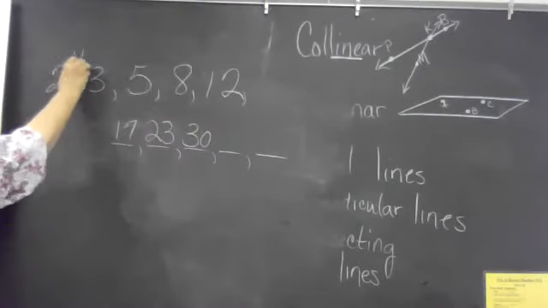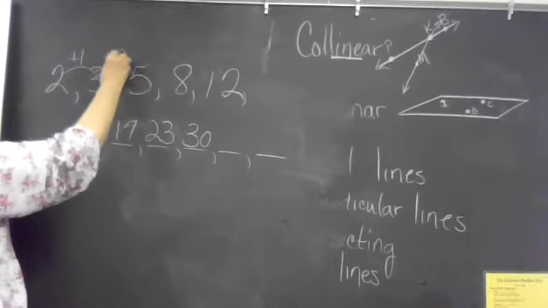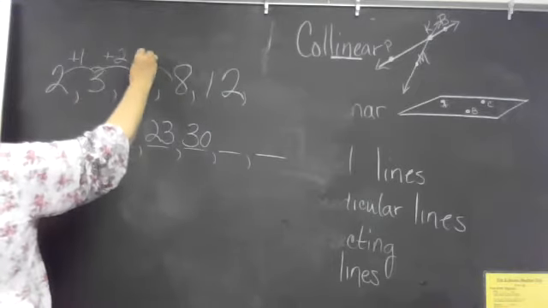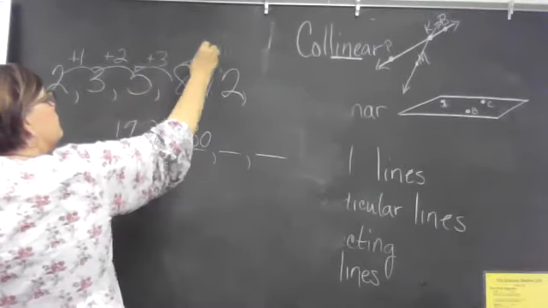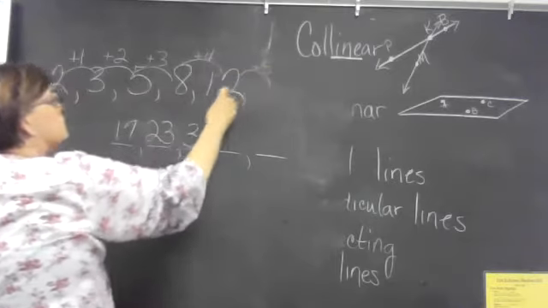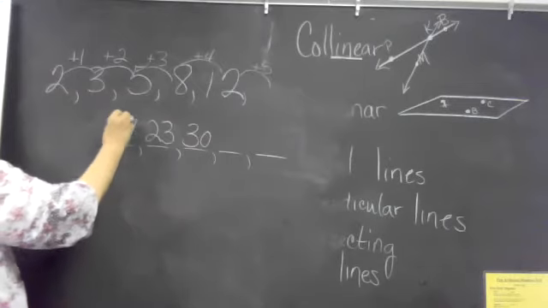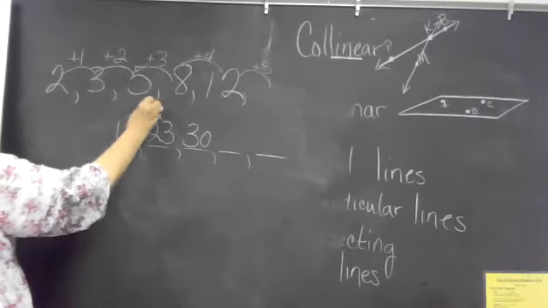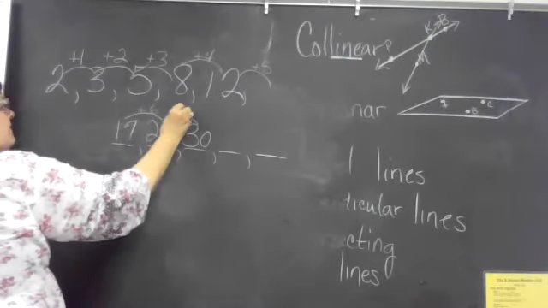From here to here, we added 1. Here to here, we added 2. We added 3, and we're going to continue this pattern. We added 4. So I'm going to add 5 to get to the next one. 12 plus 5 is 17. Next time I need to add 6 and add 7.